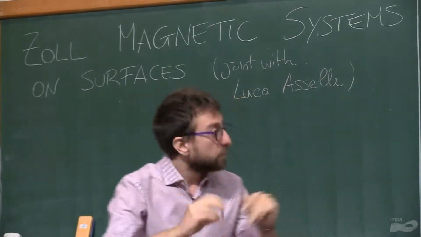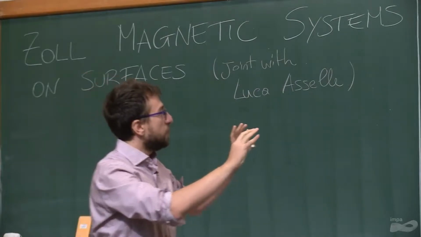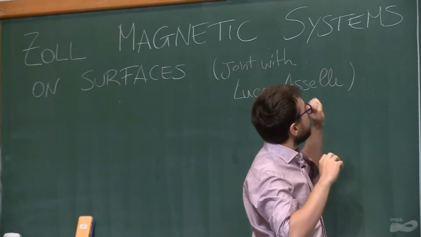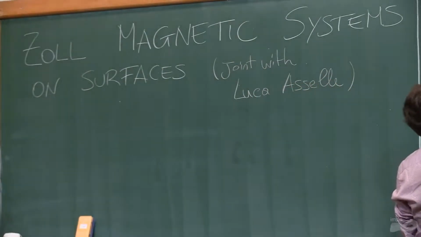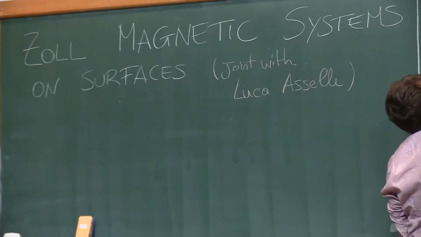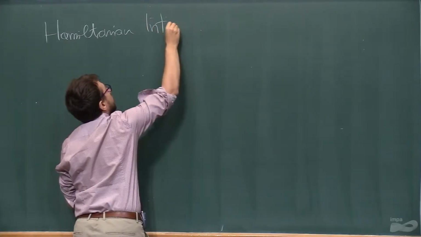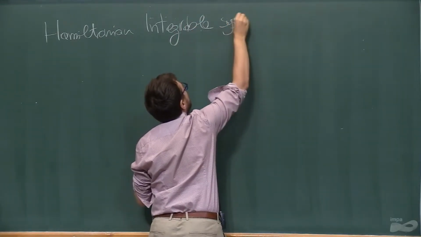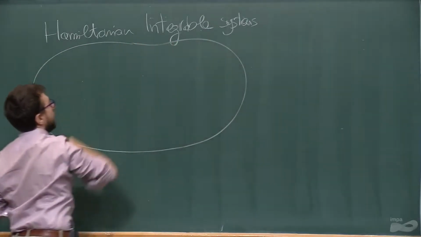But before I start and go into the details, let me give maybe a rough idea of where the topics we are discussing today sit. So we can think of having here the set of Hamiltonian integrable systems, some big set here.